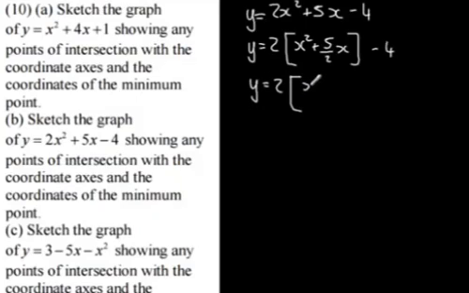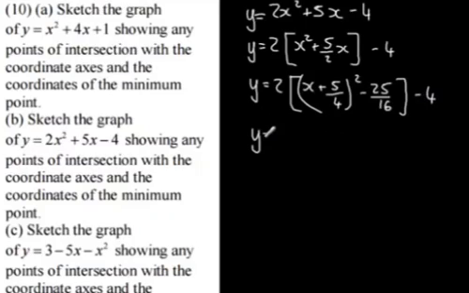We're going to have (x + 5/4). That's half the coefficient. We need to square the bracket and subtract away 25/16. Now if you're sitting thinking what's going on here, watch the video prior to this one.